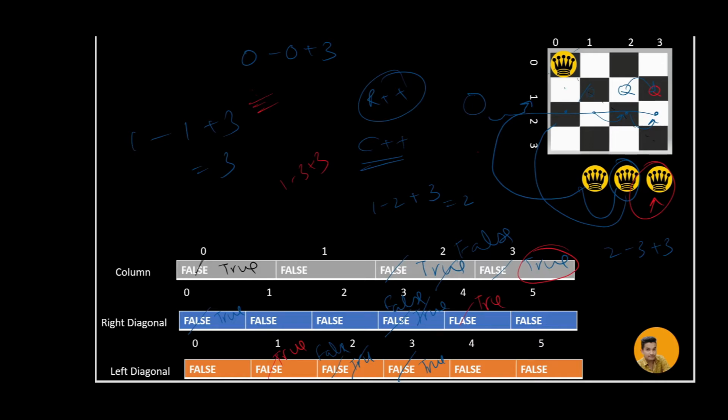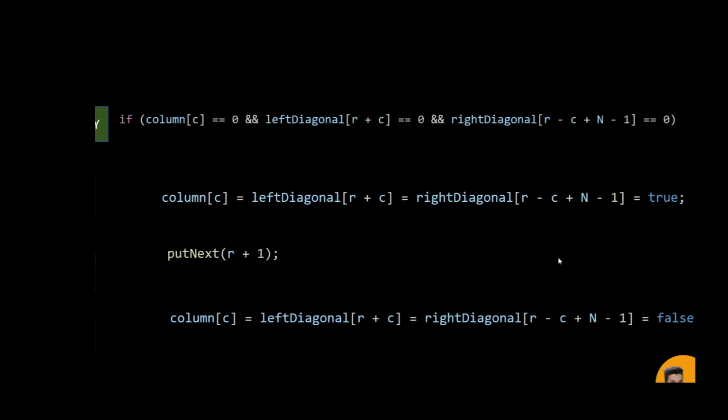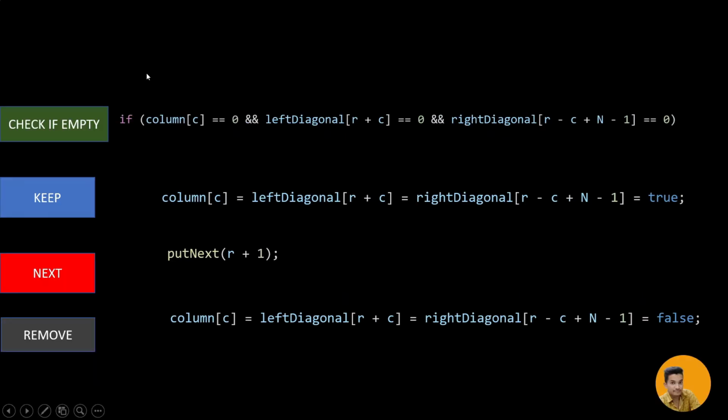Alright, so this is a piece of code written. Let's try to just analyze. We are checking the empty condition for column, left diagonal and right diagonal; 0 means false.